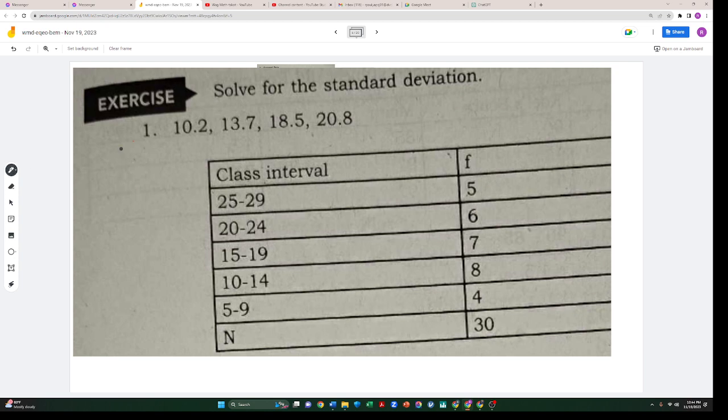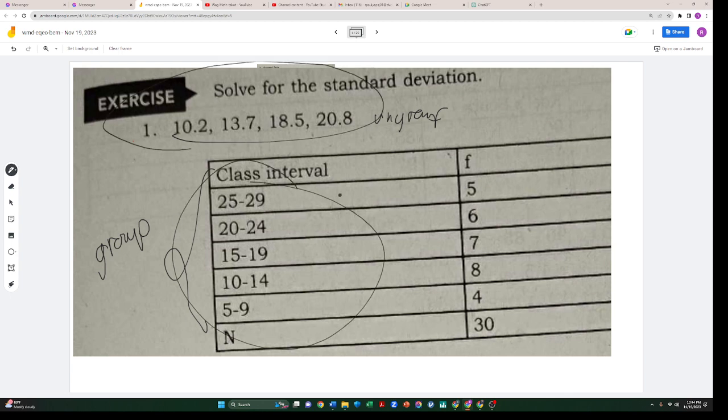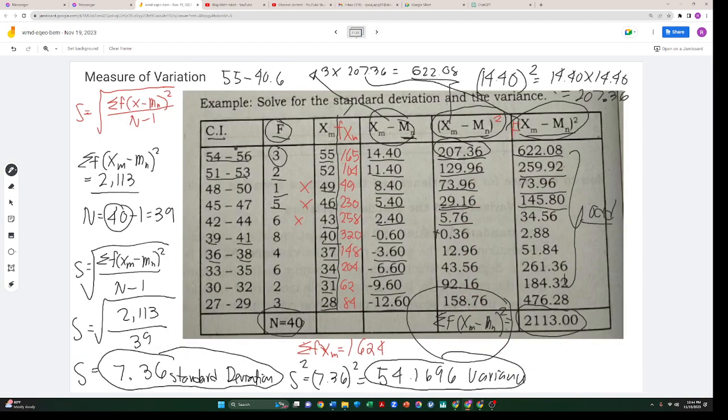So, kani siya, this is ungroup manin siya, no? Ungroup, and then this kani siya kay group data. So, gamit sa ungroup o group. Practice. Para mas, kay kung di ka ma-practice, di makakasolve. Wala na sana imong kamot. So, practice ka.